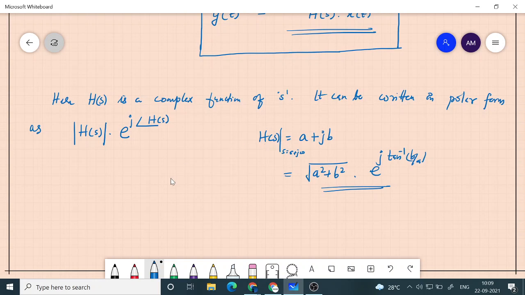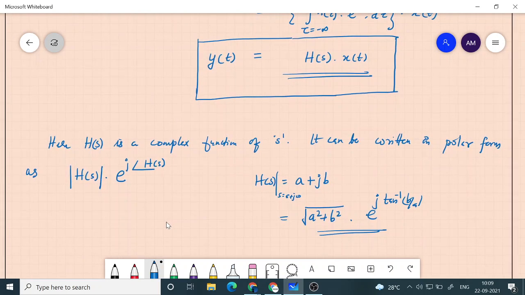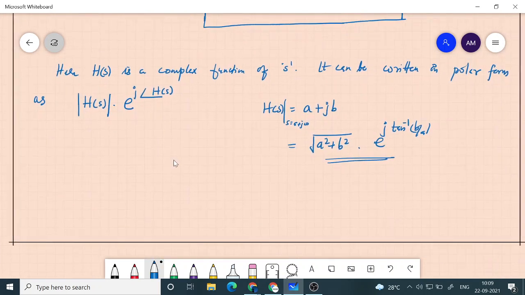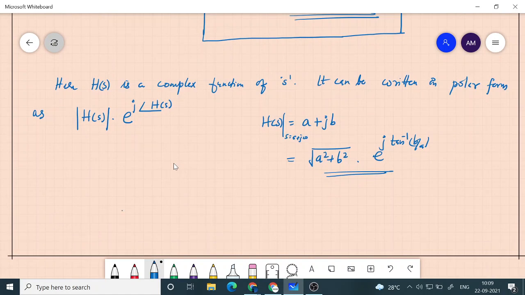Now we have given a special signal x of t, so our y of t will change the amplitude by a factor of the magnitude of H of s. Earlier it was a, now it is a multiplied by the magnitude of H of s, which is a new magnitude.